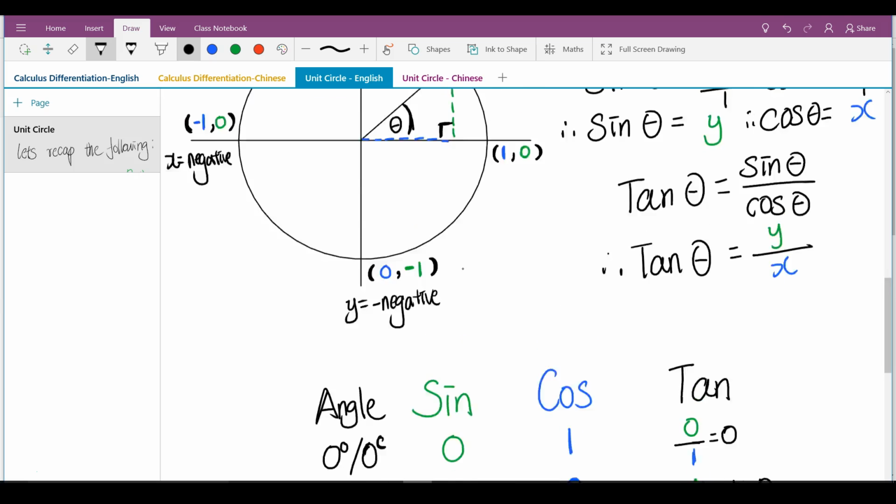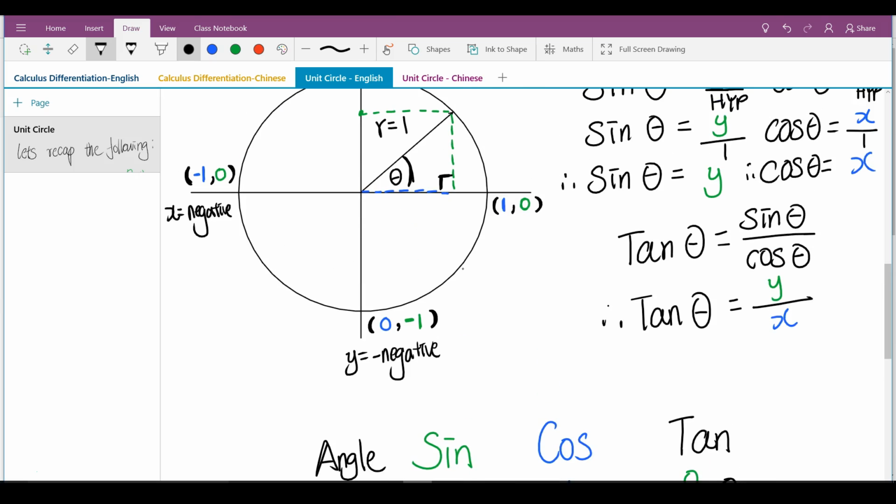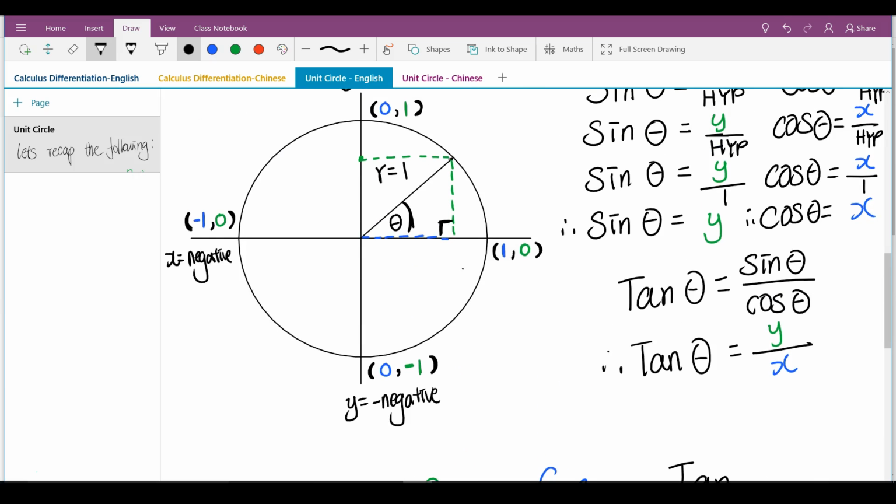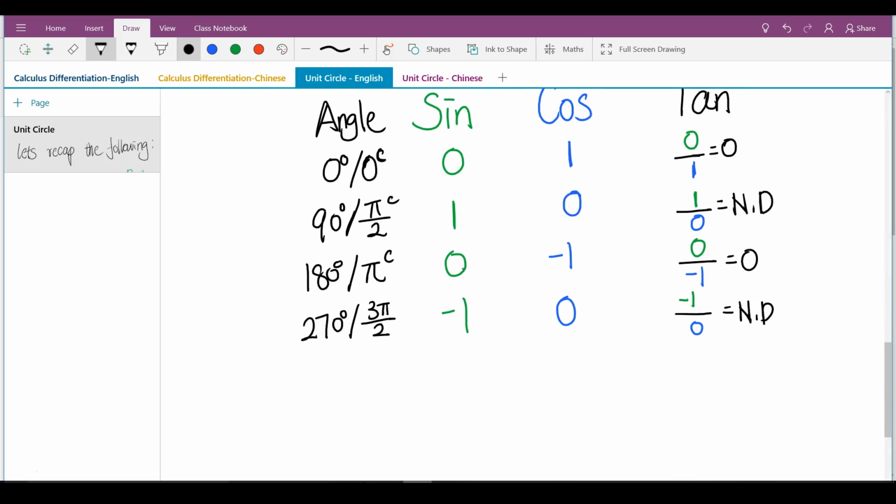And the last but not least, we're coming back as a full circle, right? So we're coming back to the 3 o'clock position here. So again, the point is the same. It's got an x coordinate of 1 and a y coordinate of 0. So at 360 degrees, we should have the same value as 0 degrees. 2 pi. Yeah, since 1 pi is 180, then 360 is just 2 lots of 180, so that's 2 pi. Yeah, makes sense.